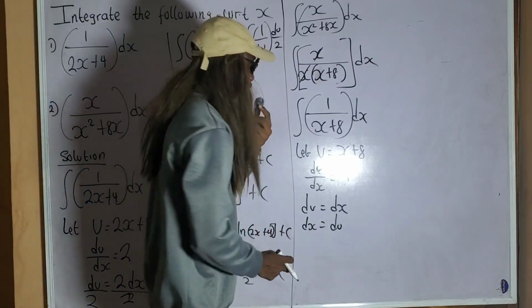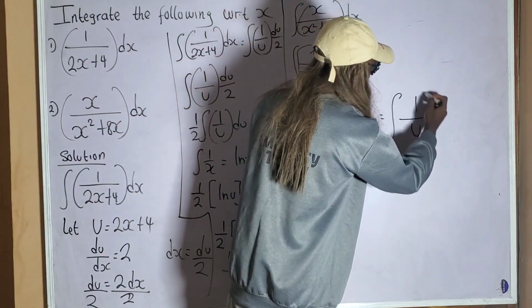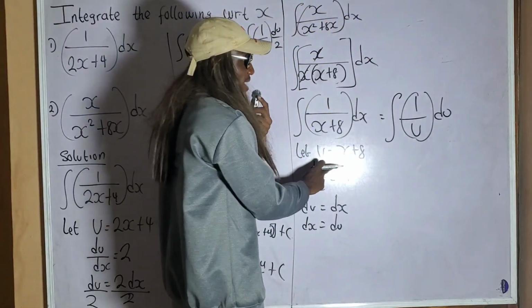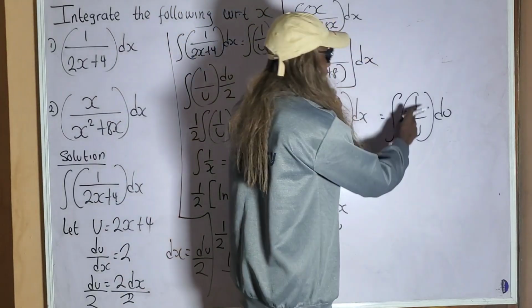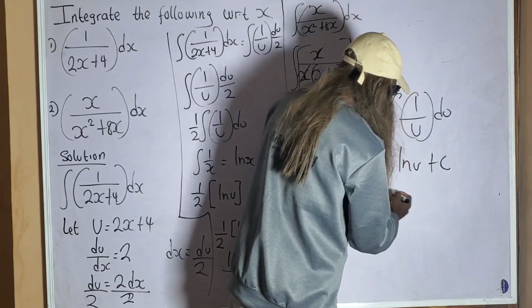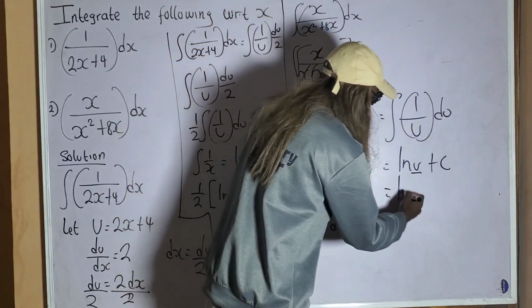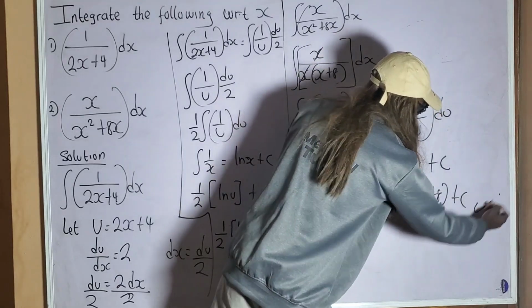So integration of this will give me the integral of 1 over u du, because u is now x plus 8 and dx is now du. Now, if you integrate 1 over u, you're going to have ln u plus c. Now, u here is x plus 8. So I'm going to have ln x plus 8 plus c, which is the final answer.